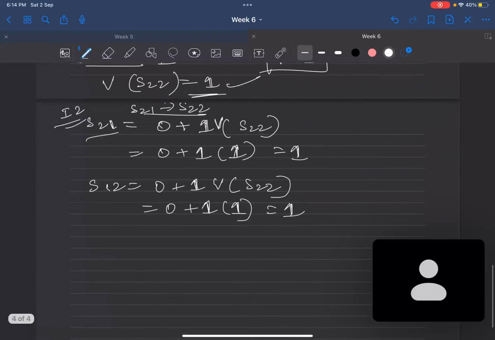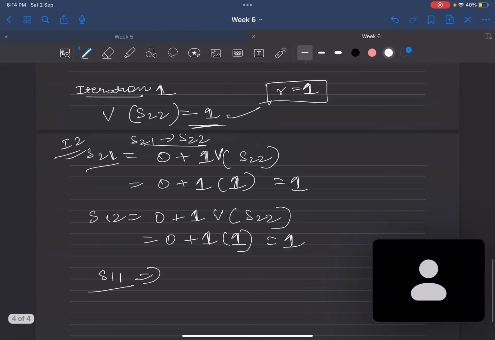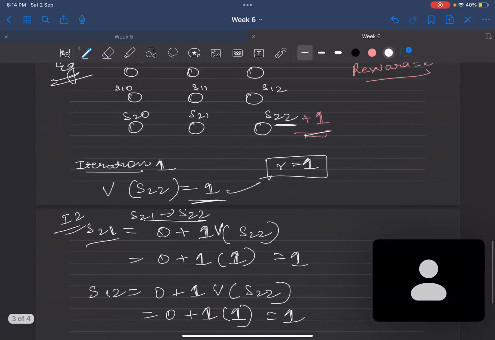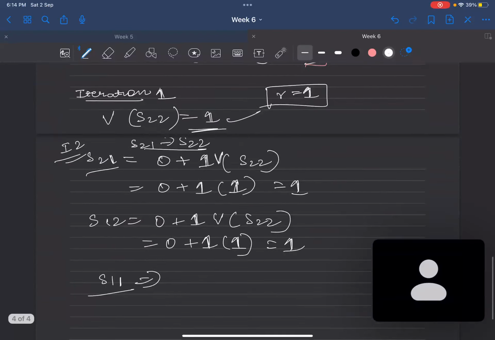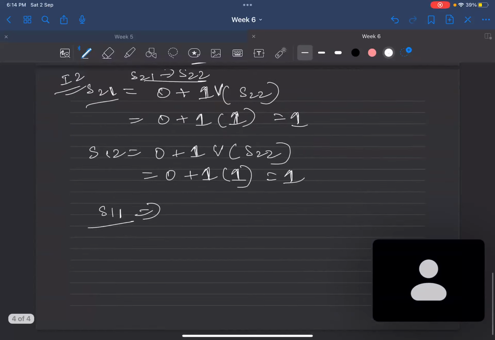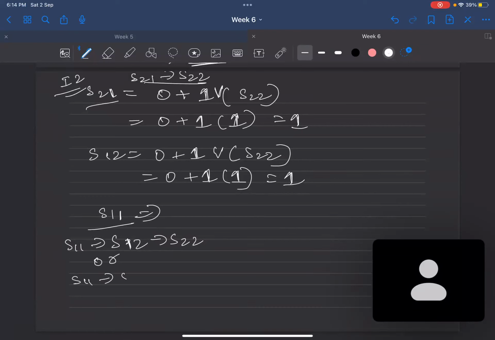If I talk about S11, I have to reach S22 basically. Now either I'll reach S12, or I'll reach S21. Either I'll go from S12 to S22, or I'll go from S21 to S22.